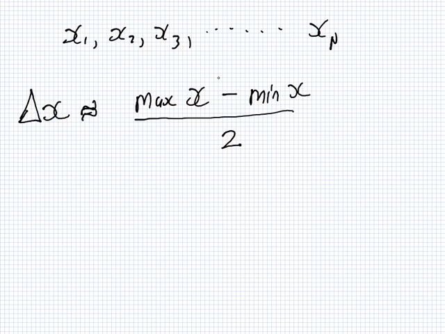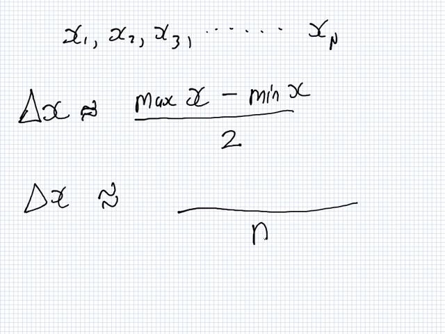The other way to calculate it, roughly, all over n, and it's the difference between the data and the average. The difference between them.